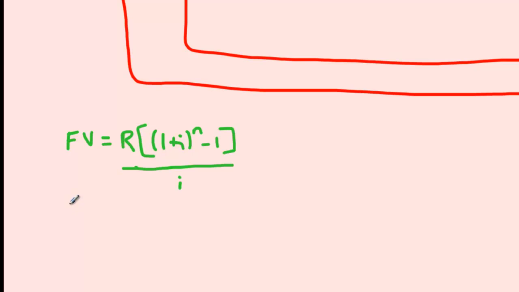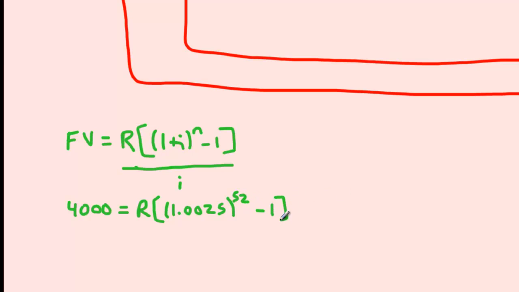Our future value we know, it's $4,000. That's what she wants. The R we don't know, so I'm going to keep that as R. I we know is 0.0025, so this is going to be 1.0025. And it's going to be in there for 52 compounding periods.